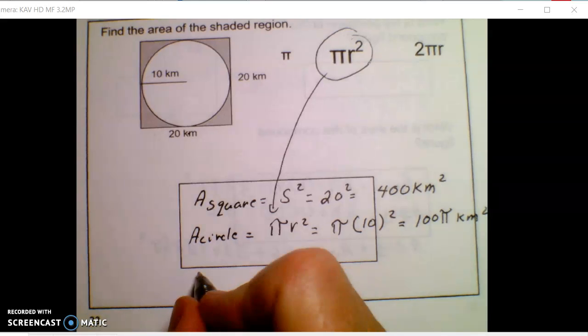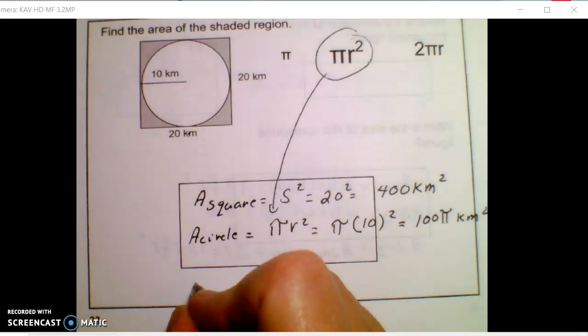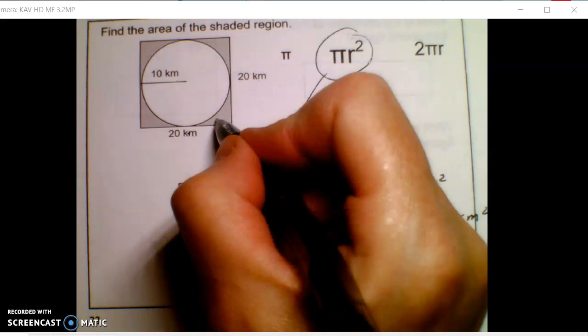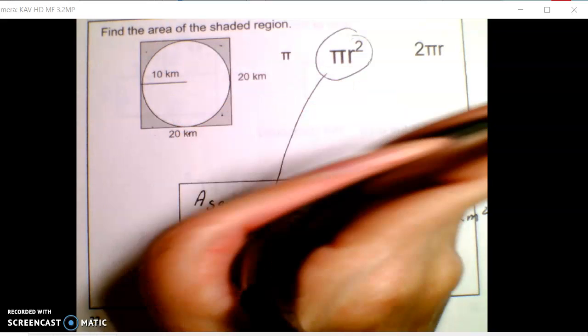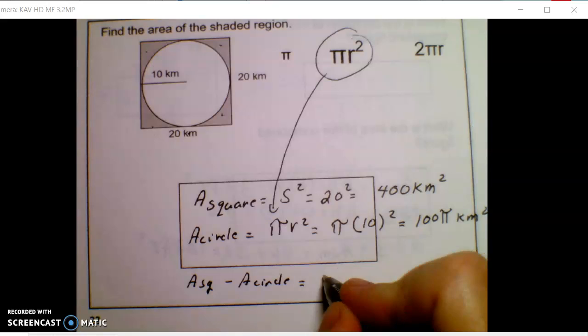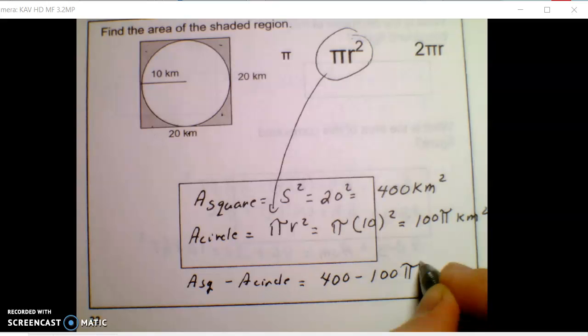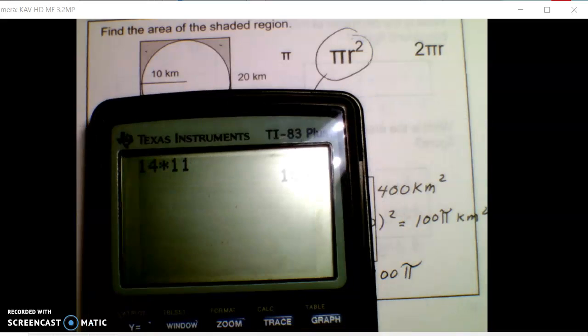So we're going to do just what we did last time. We're going to take the square, so area of the square, minus area of the circle, and that should give us that little part right there, there, there, and there. Okay, so the area of the square is 400 minus 100 pi. So I'm going to use my calculator.